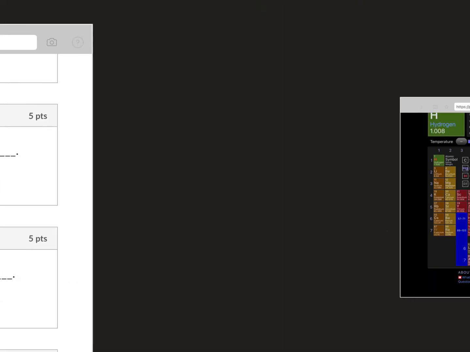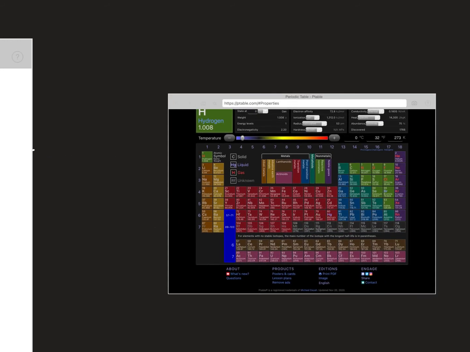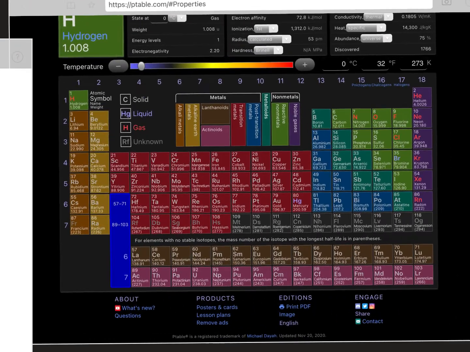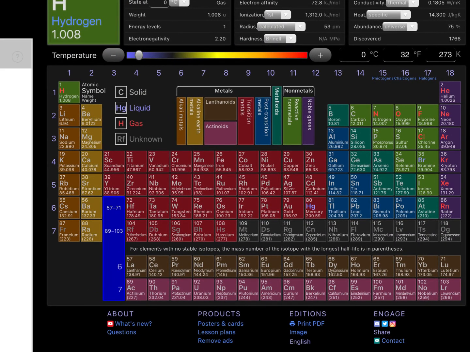FeSe. Let's move that to the side. FeSe. It seems to be a 1-to-1 ratio. Undo that. Move this. All right. So with our periodic table, we can see that Fe is iron. So we're going to write that name, iron.